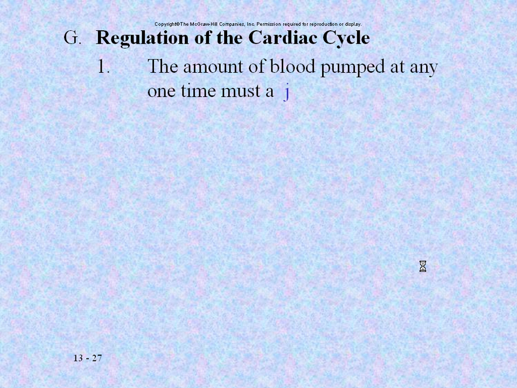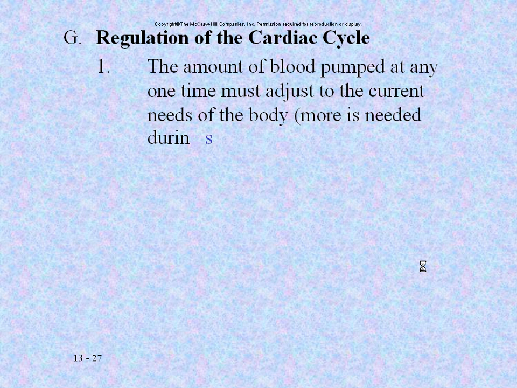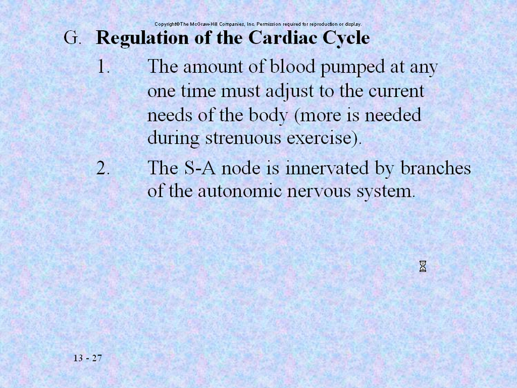Alright, so like we said, really we need to be able to control and alter the activity of the heart based on the bodily needs. Now we said we have the pacemaker of the heart, the SA node, and the AV node, which do that on a basic level, but the brain is the integration center, and it can tell when other things are going on around the body. And so it has ways of stimulating that SA node.